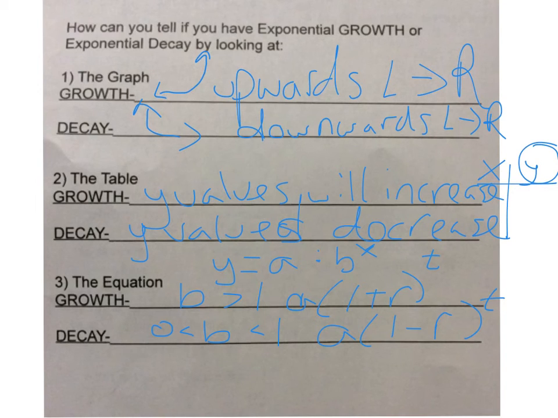So for example, this would be something like y equals 2 times 1/2 to the t power. There's exponential decay. Our initial value is 2. It is getting cut in half each time. When it was growth, that would have been something like y equals 4 times 2 to the t power. Well, now we're starting with 4, and it's doubling every time, and that base of 2 is going to make it grow.